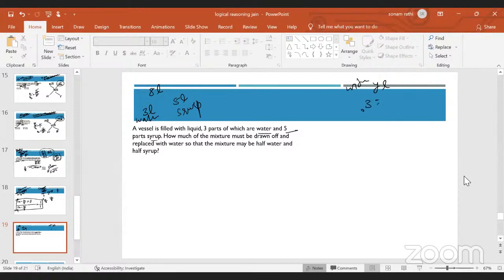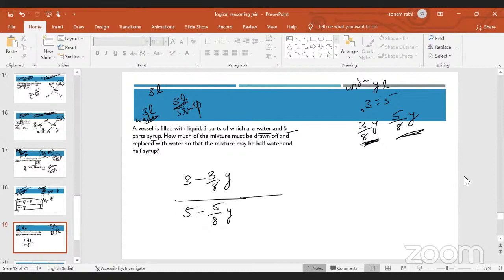So 3:5, 3 by 8y and 5 by 8y. So water minus water, syrup minus syrup, and then y liters of water added, the ratio becomes 1:1. Right? That's it. Now it becomes very easy to solve, and you can easily find the value of y.